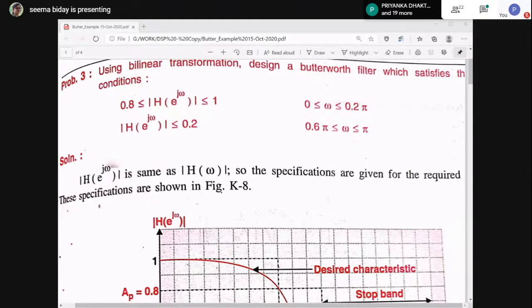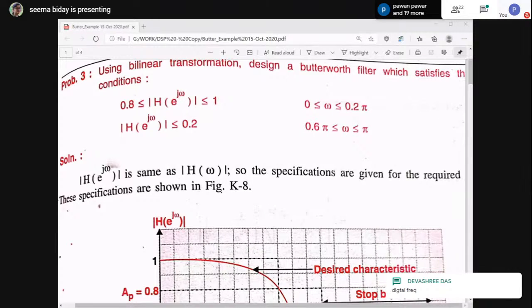And here what is used? Here w is given. So you are given specifications of which filter? Digital filter.